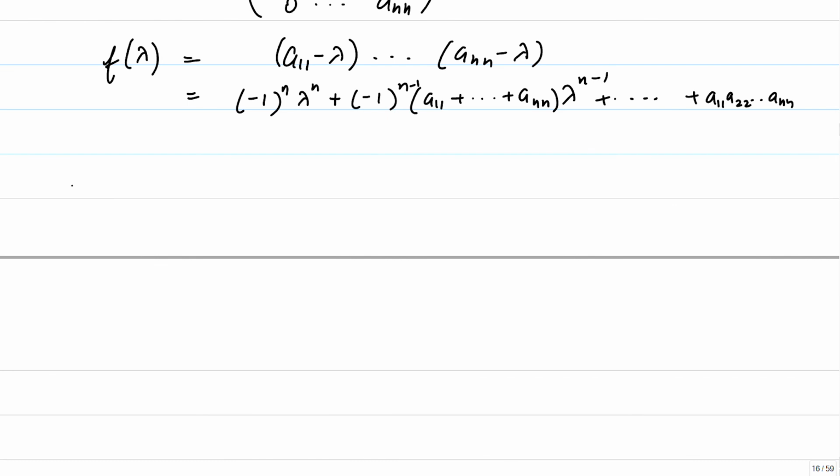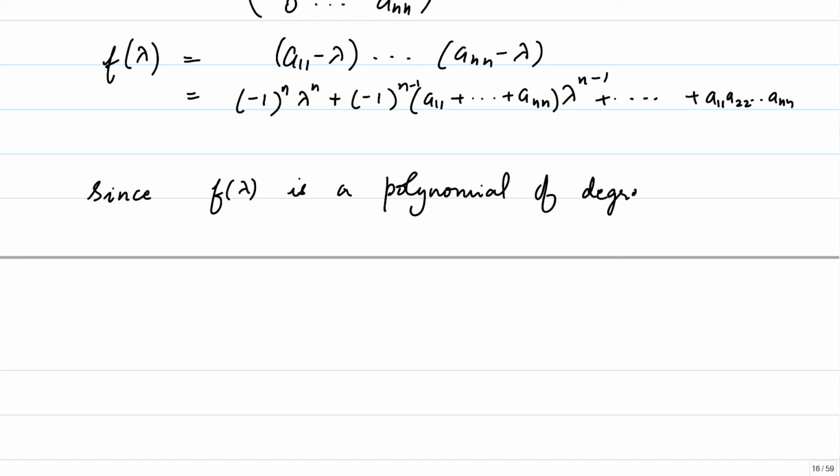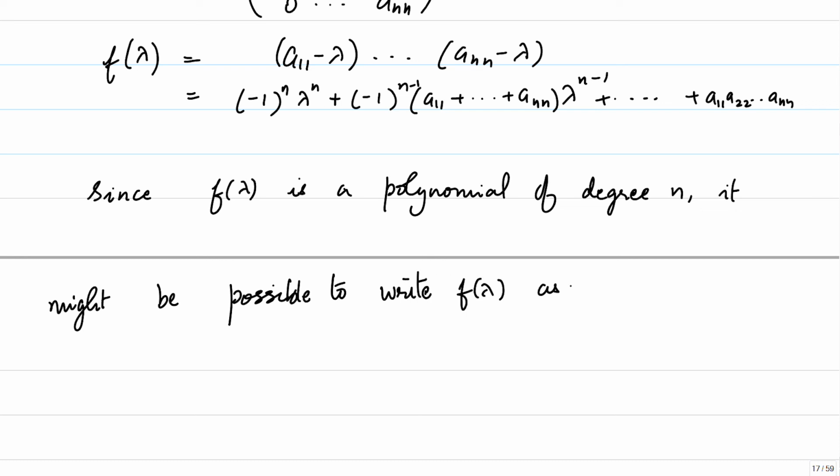Let me note that down. Since f of lambda is a polynomial of degree n, it might be possible to write f of lambda as a product of linear factors.